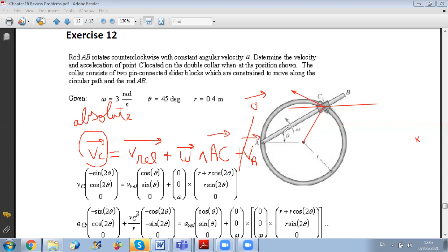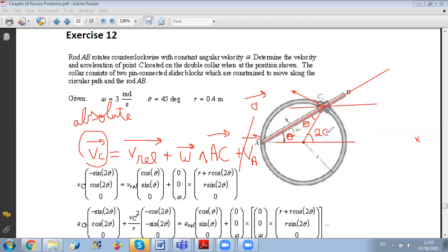If I look at my figure, this angle here is theta, and this angle here is also theta. If I consider the external angle, this external angle is equal to 2 theta.